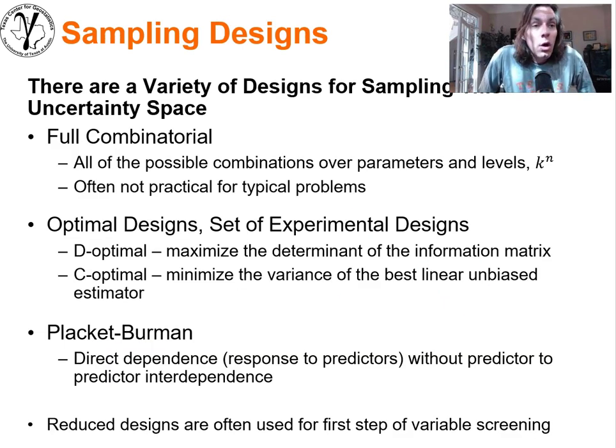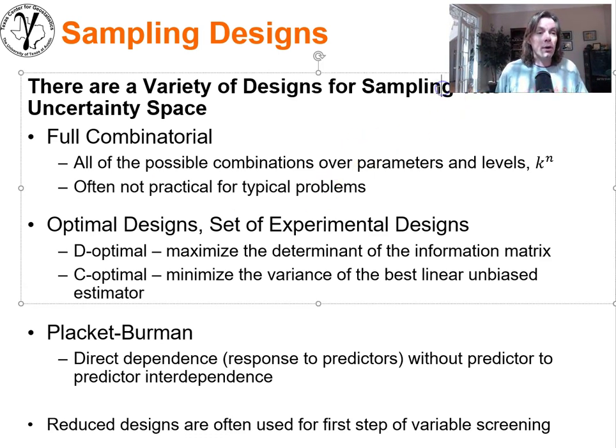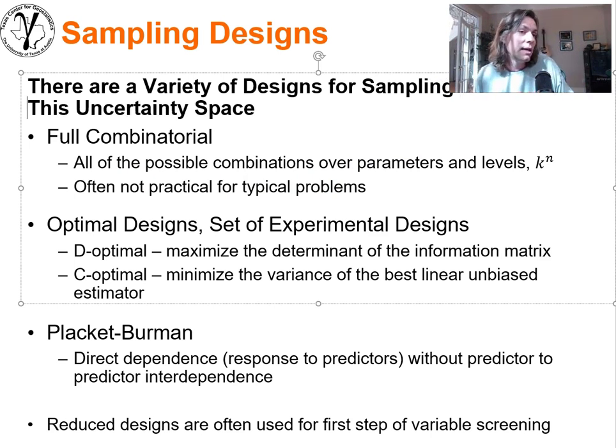Now, we have to sample in order to calculate that response surface. And so how are we going to sample? What I've shown up until now has been simply full combinatorial. We've got 3 levels, 5 levels, 2 levels, whatever it is. We'll have k to the n combinations that we have to model, where k is the number of levels and n is the number of variables.